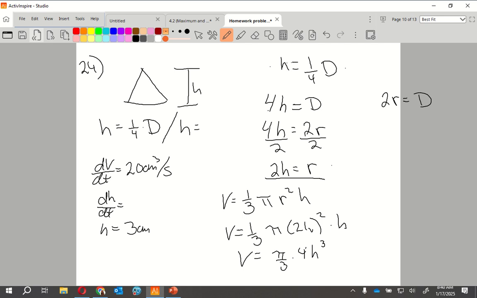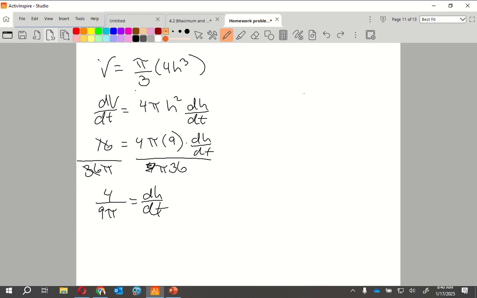And then I took the derivative here. It should be 5/9 pi. That's all I plugged in. Why did I plug in 16? That's why I got confused. And it was where H is 3, right?